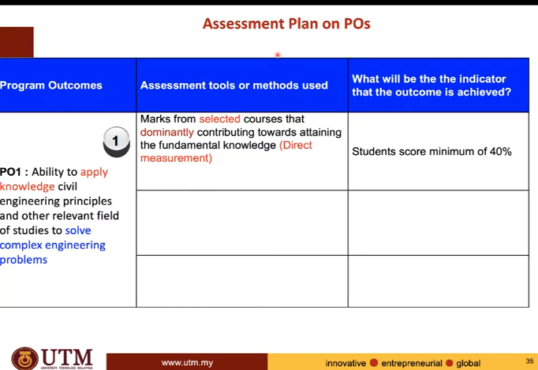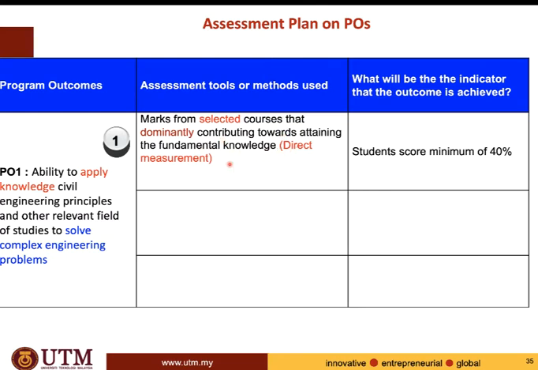Now, let us look at the assessment plan on PO1, which is the ability to apply civil engineering principles and other relevant fields of studies to solve complex engineering problems. Now, there are many assessment tools that can be used. Firstly, you can take the marks from selected courses that dominantly contribute towards attaining the fundamental knowledge.